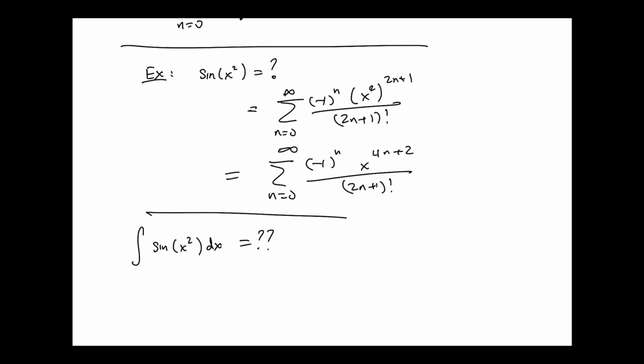Well, how do we figure out what plus c is? What is the sine function if you plug 0 into it? 0 in this case, right? Knowing a point that the function goes through allows you to figure out the constant. In this case, it would end up being 0. So you could do that by integrating term by term.